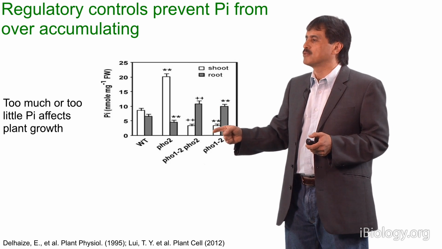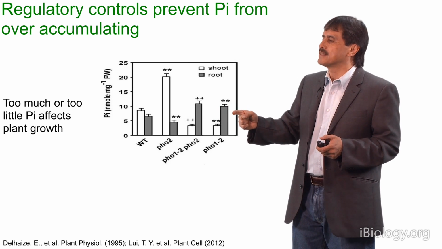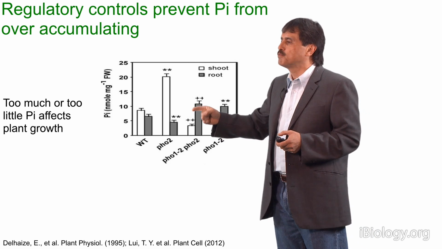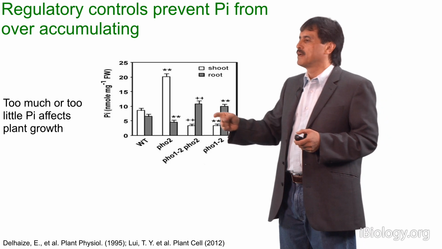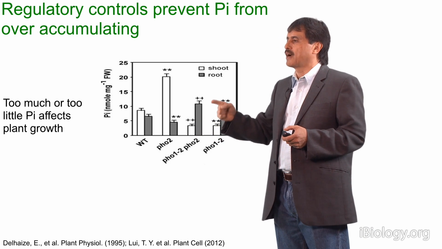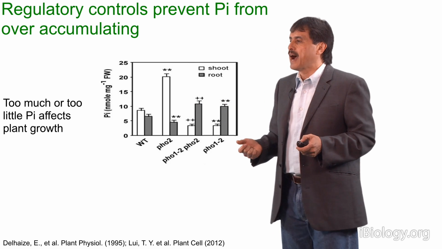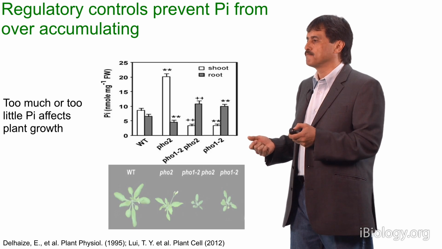It has reduced amounts of phosphate in the shoot, although it has normal or even increased amounts of phosphate in the root. If you cross these two mutants, the PHO1 phenotype, meaning low phosphate in the shoot and high phosphate in the root, is maintained, suggesting that these two genes act in a common signaling pathway.